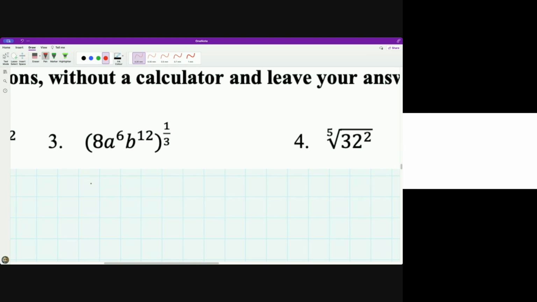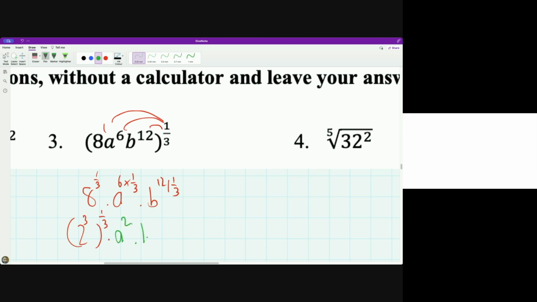Okay, how do we do this? Well, I'm going to apply this power to these three. So I'm going to get 8 to the 1/3, a to the 6 times 1/3, b to the 12 times 1/3. In this scenario, 8 is 2 to the 3. This is going to be a squared, and this is going to be b to the 4.